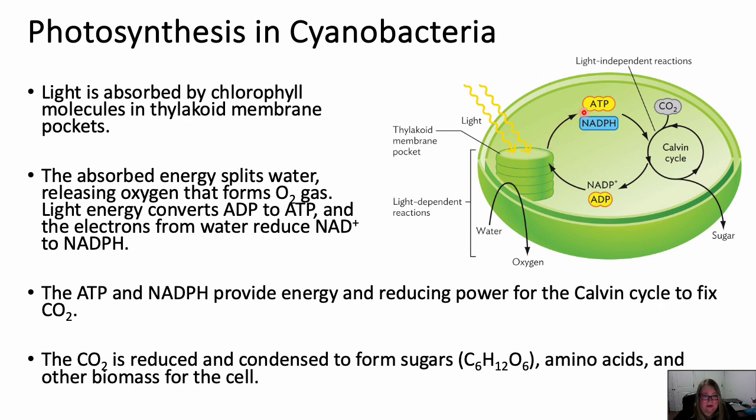Okay, so we produce energy, we produce ATP and NADPH, so we have our electron carrier, and those are going to go to the next step of photosynthesis, which is what we call the Calvin cycle or the light-independent reactions. So we don't have to have light for this piece.